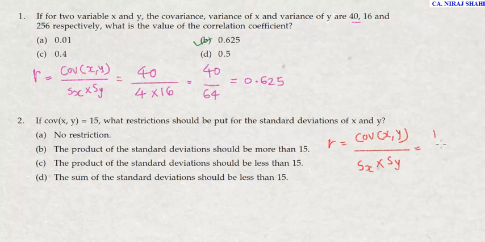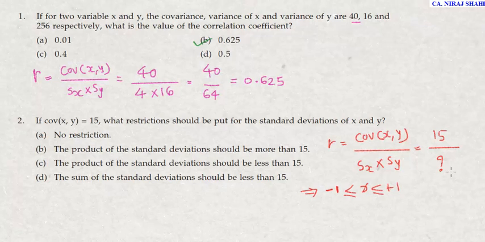Now the covariance is given to us, 15, and we are required to think about the denominator, what restriction we should put on the multiplication of sx into sy. Now let me remind you that r always lies between -1 and +1. It can be equal to it also, but generally it lies between -1 and +1.